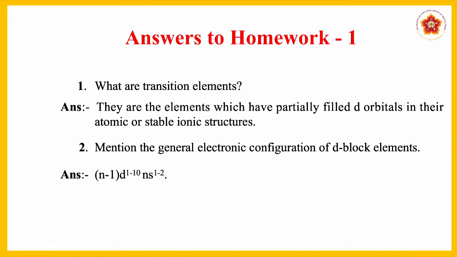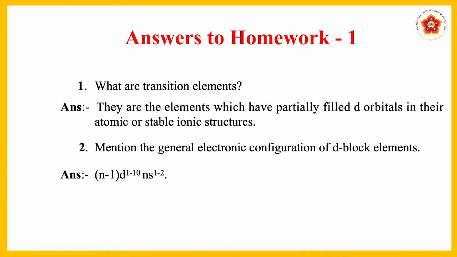So, when they are fully filled, we do not consider them as transition elements, but still they are present in the D block. That is why the definition goes that they are the elements which have partially filled D orbitals. It could be 1, 2, 3, 4, anything from 1 to 9, but not the completely filled 10.